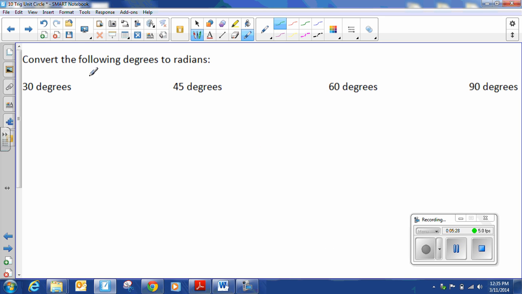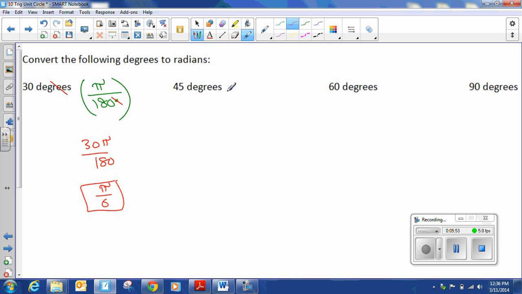Convert the following degrees to radians. As you recall, we want to convert degrees to radians by using the pi over 180 degrees conversion. So we multiply, and we cancel out the degrees. We end up with 30 pi over 180, which is really pi over 6.